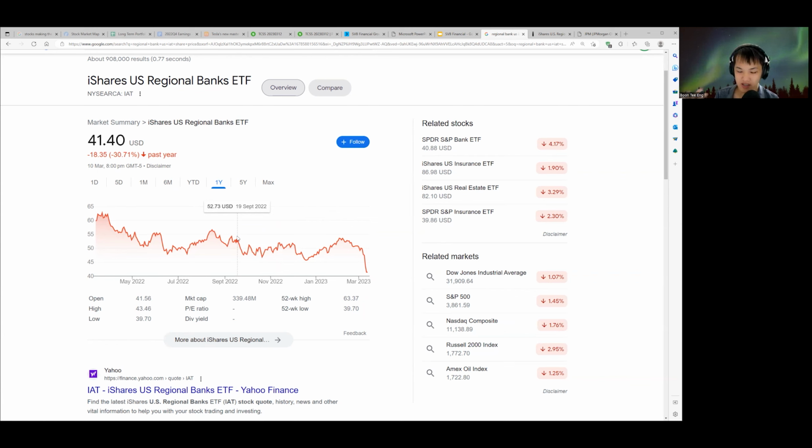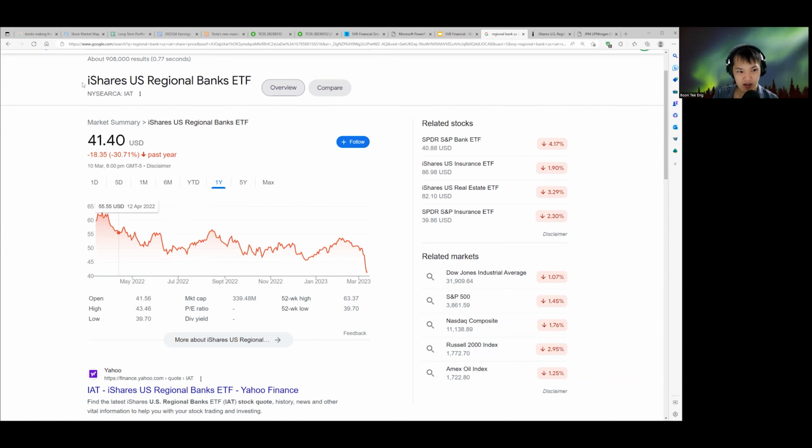So there will be a flight to safety effect, meaning that companies, small and big, if they sense some problem with the bank they are using, say their bank is the 50th or 70th largest, a small bank, they might just draw out the money and put it with JP Morgan or Bank of America and so on. So actually the largest banks will benefit from this because of the flight to safety.